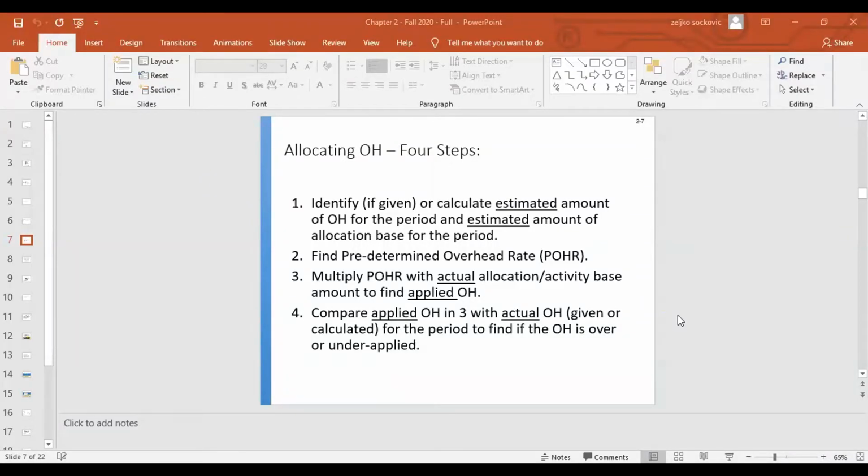For product X, how many machine hours are needed for that product, and we multiply that with the predetermined rate. Okay, but you're saying how many are needed, were needed, will be needed, which one? Have been used, because you have made the product. Very good.